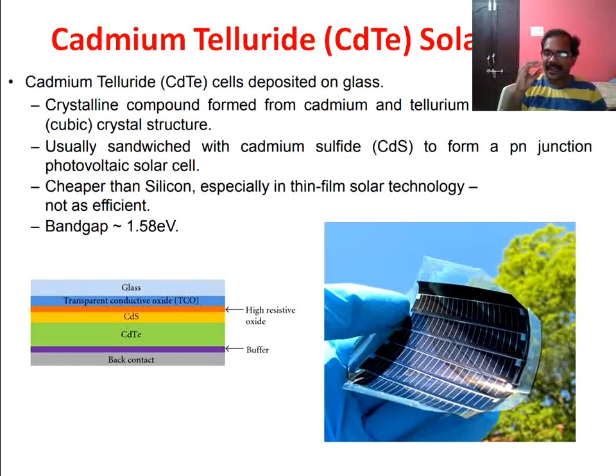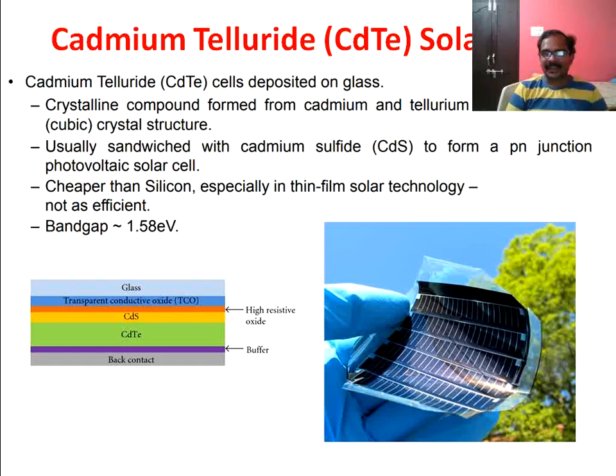Here the cadmium telluride acts as a p-type semiconductor material and cadmium sulfide acts as an n-type semiconductor material. We require 2 different types of semiconductors, p-type and n-type, to form a p-n junction diode. Otherwise it won't work. So definitely they will have 2 different types of semiconductors, one n-type and one p-type.